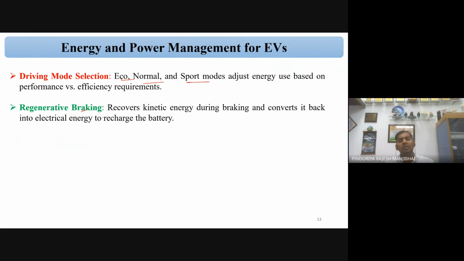Regenerative braking: normally we apply braking in any condition, correct? So recover the kinetic energy during braking and convert it back into electrical energy to recharge the battery. By using regenerative braking, you can recharge your lithium-ion battery also. But the main issue is synchronization. So how can we synchronize the power supply?